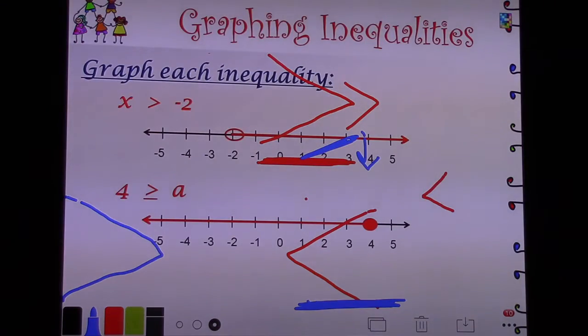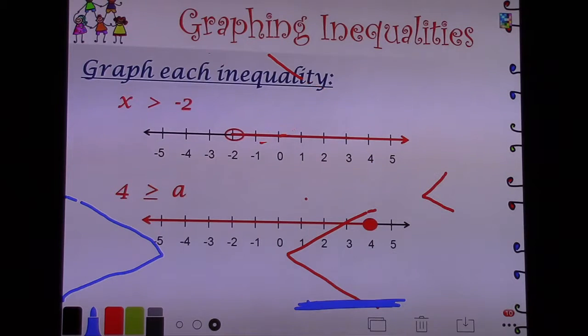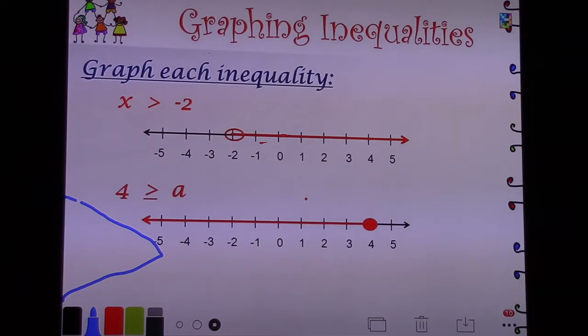On a number line, if we have a sign that says here that x is greater than -2. So the mouth, the open part, is pointing towards the x, so the x is greater than -2.